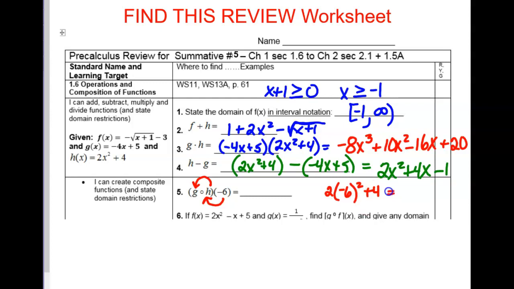Anybody get that answer? Yeah, I'm getting 76 in my head, okay. Then you take that answer and you put the 76 now into g, right? So now we do g of 76, which would be negative 4 times 76 plus 5.